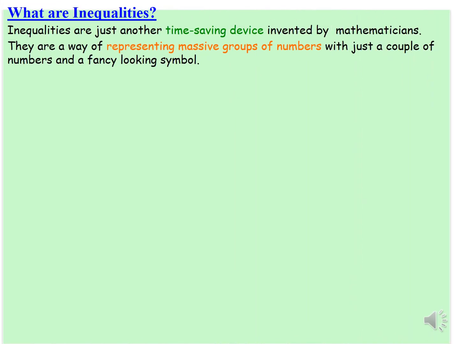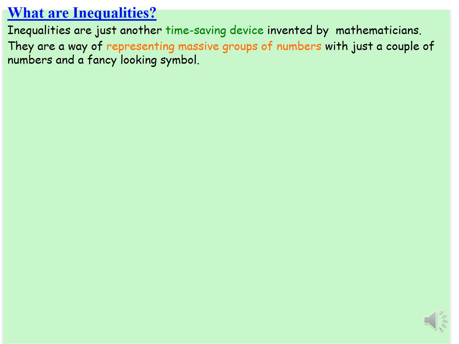Generally speaking, inequalities are just another time-saving device invented by mathematicians. They are very similar to equations. The difference is that in equations, you will have only one answer. For example, when you solve the equation, you end up with x being equal to a number, for example x equals 4 or x equals 5.